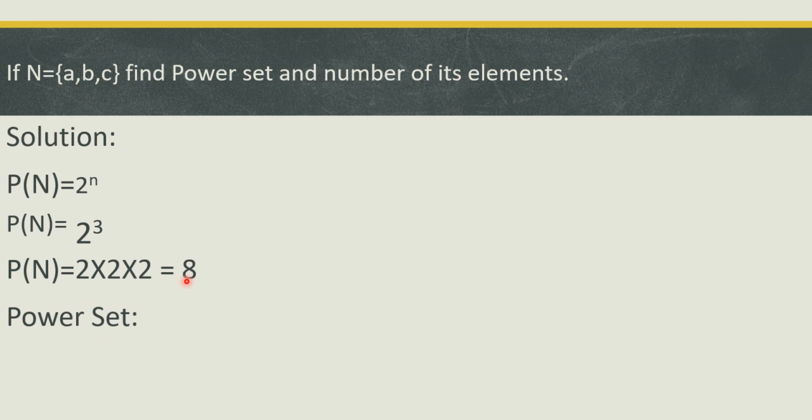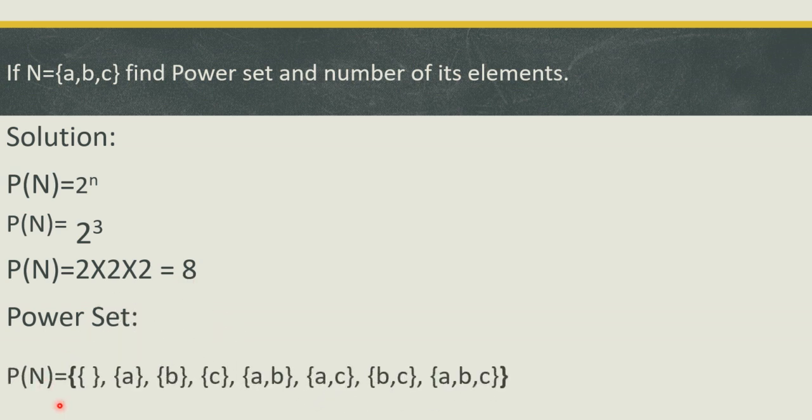Now let's make the power set. The first set is the null set, and then we take the single elements. So first we take A, then B, then C. After single elements we take 2 elements together, so we keep A fixed and take B with A, so A comma B. Then we take C with A, so A comma C. Then B with C, B comma C. Now we cannot make any possible set of 2 elements, so we make the improper subset, which is the set itself.